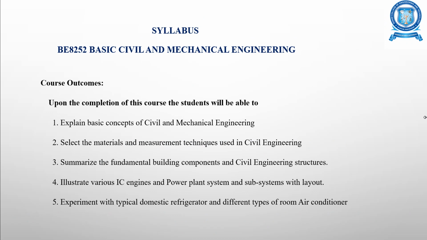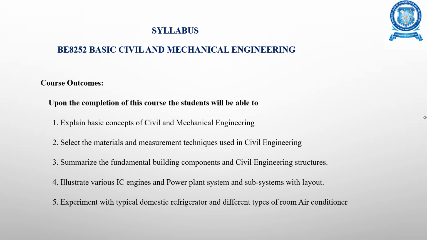Upon completion of this course, the students will be able to explain the basic concepts of civil and mechanical engineering from Unit 1, select the materials and measurement techniques used in civil engineering from Unit 2, summarize the fundamental building components and civil engineering structures from Unit 3, and illustrate various IC engines, power plant systems and subsystems with the layout from Unit 4.